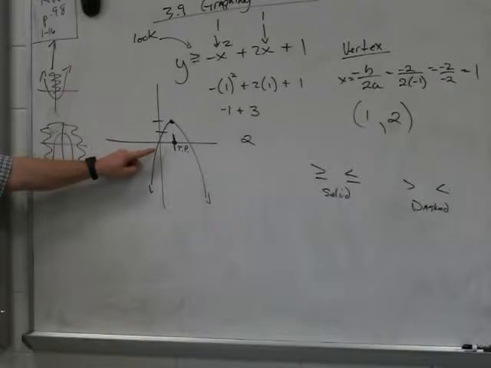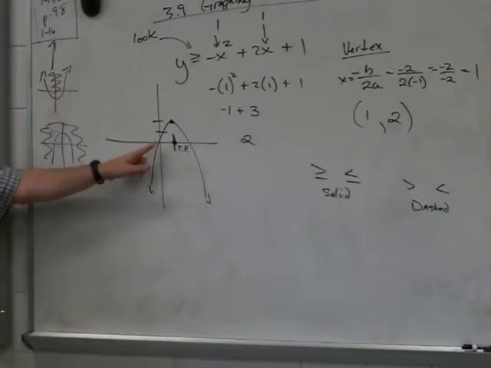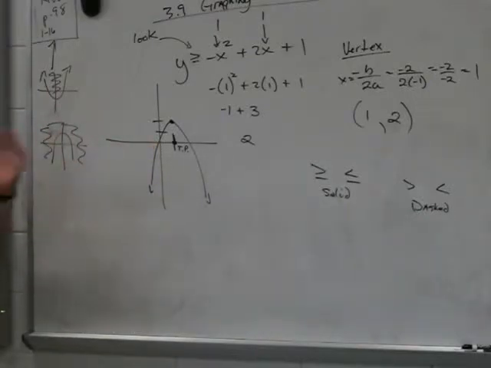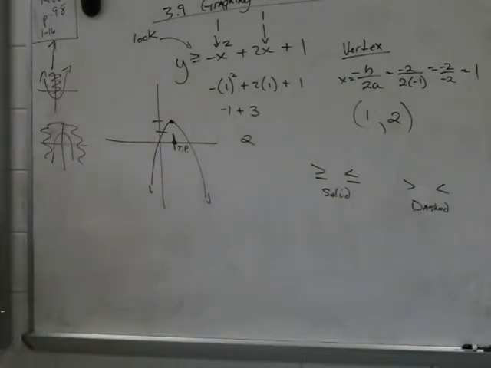But why don't I want to pick 0, 0 this time? Because of the way I just hand drew my graph, the graph might be going through 0, 0, and I'm not sure that it's inside or outside or on the line. So I want to pick a test point that I know without a doubt is inside the cup, or a test point that definitely is outside the cup. It needs to be definitively in one area or the other.